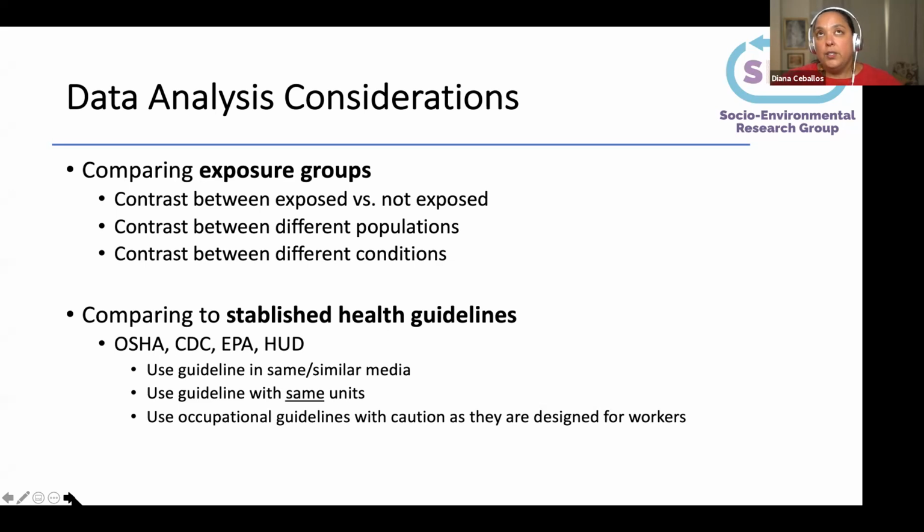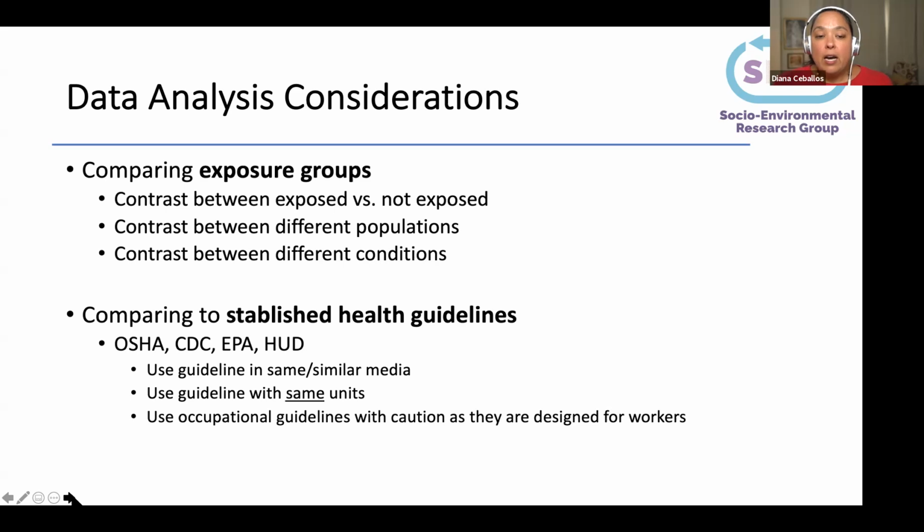However, to compare exposure data to guidelines, you have to be very cautious that you're using the same or similar media and the same units. And this means that you cannot compare an air concentration with a soil concentration just because they have ppm, because it's different types of ppm.